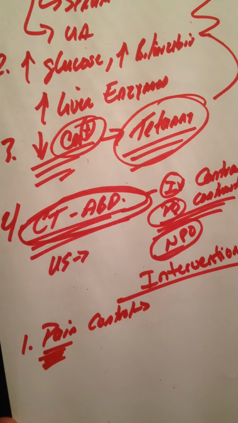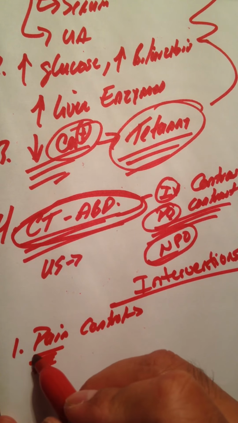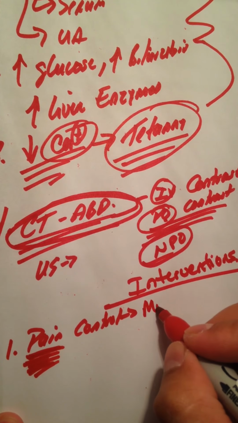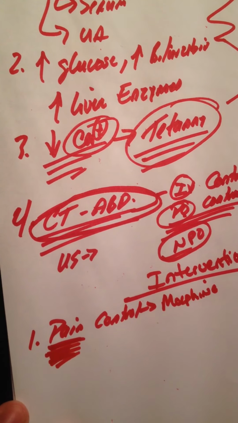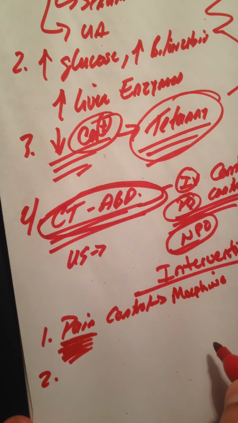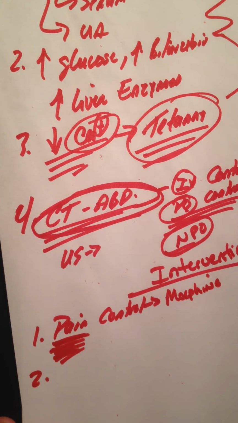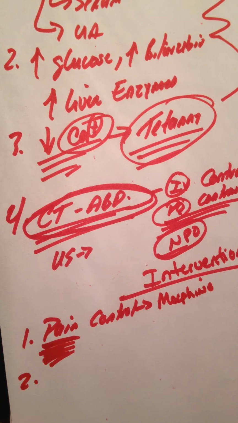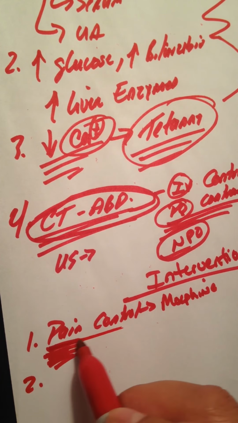I mean, this is excruciating pain. So you want to make sure you control it well. So you may give something like morphine. This again will be dependent on what the physician prefers. But make sure you always take care of that pain and also assess that pain. Are you having good pain control? Are you giving too much pain medicine? Are you over sedating your patient? So again, make sure you monitor that pain control.